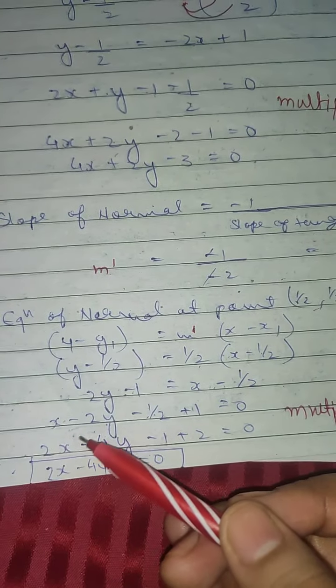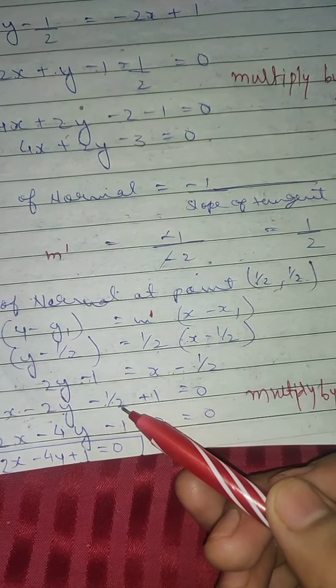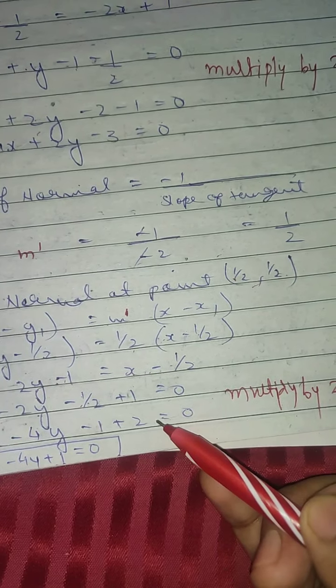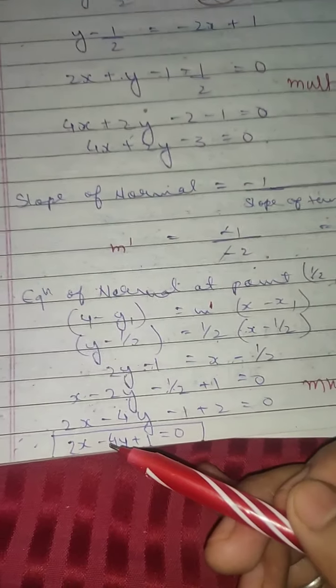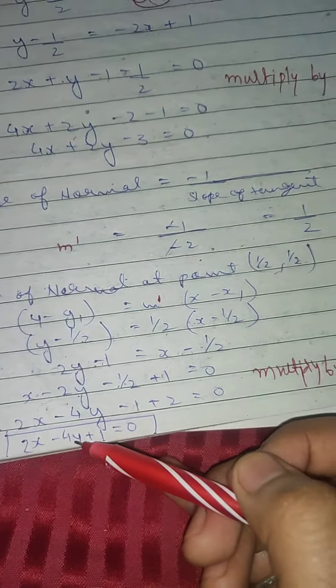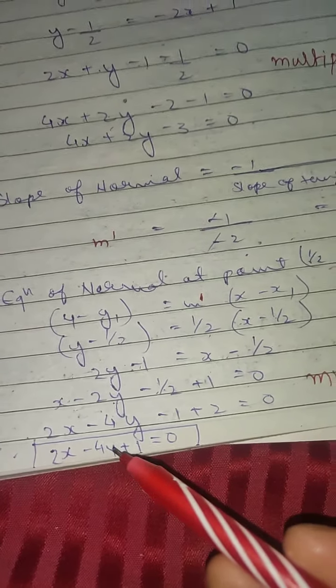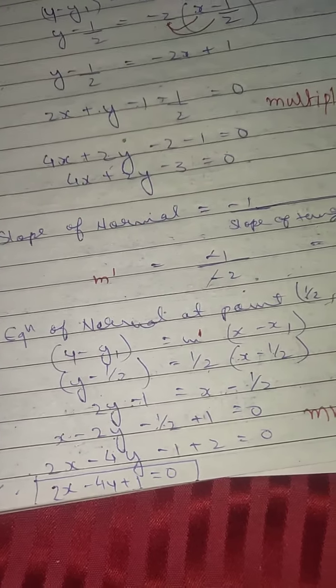Then 2 into x is 2x, 2 into 2 is 4, here the 2 cancels so only minus 1, and here 2 into 1 is 2, because we are multiplying by 2. We arrange it as 2x minus 4y plus 1. So this is our equation of normal.